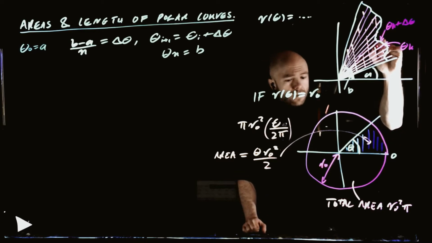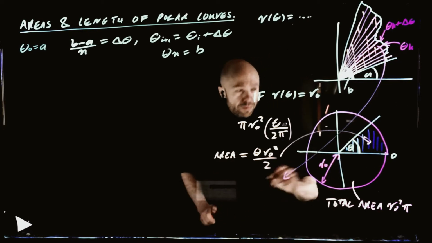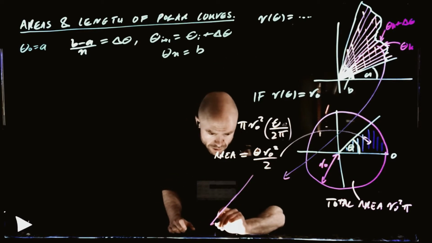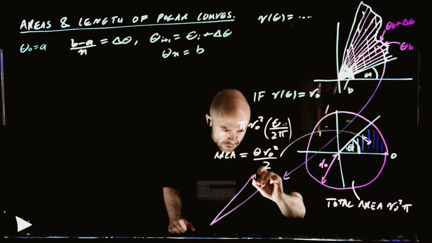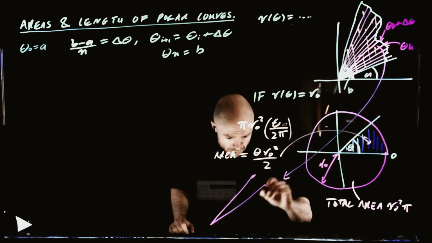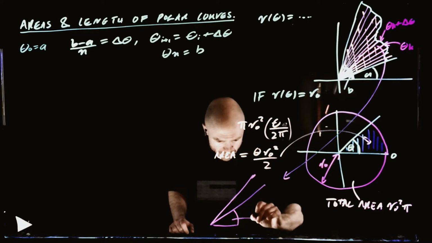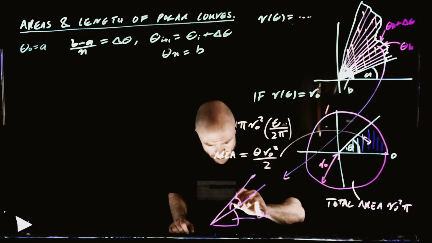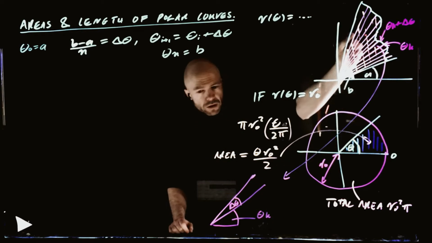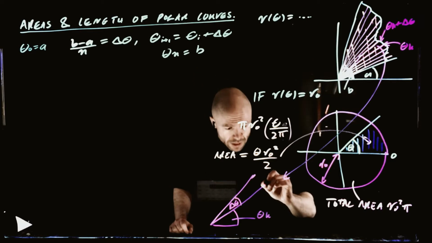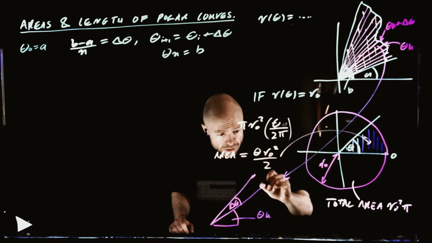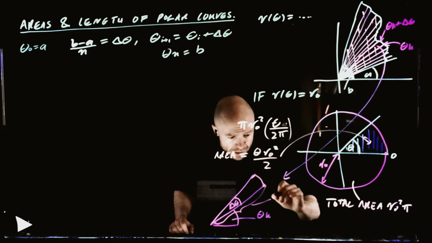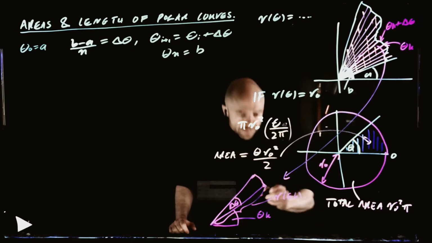So I'm going to take this thing here, and we're going to move the picture over here, blowing up what we see, making it a bit fatter just to make a better picture, right? This was the angle given by theta_k. This particular angle here is just delta theta, because we're just moving along by delta theta, right? And then we look at what this is. So this length here is given by r of theta_k, right?